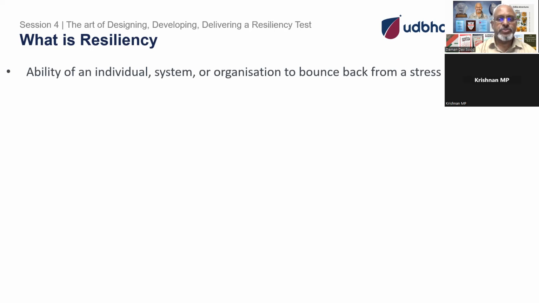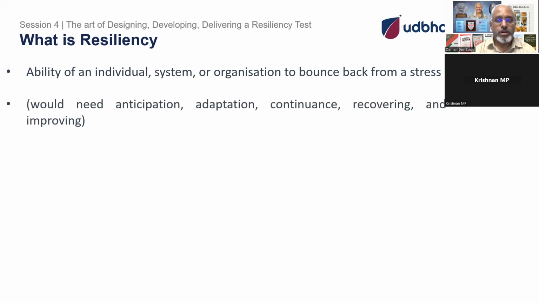We may find this definition: ability of an individual, system, or organization to bounce back from a stress is resiliency. And in this, we would need anticipation, adaptation, continuous recovery, and improving.